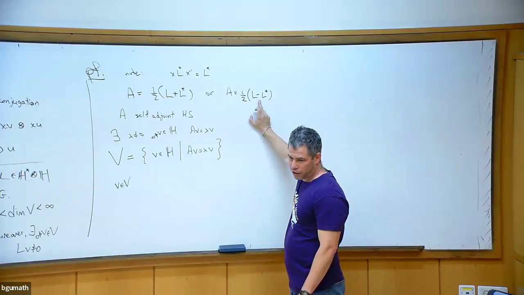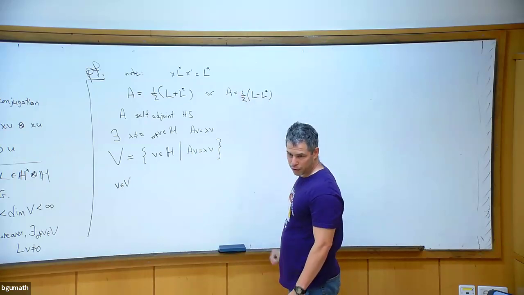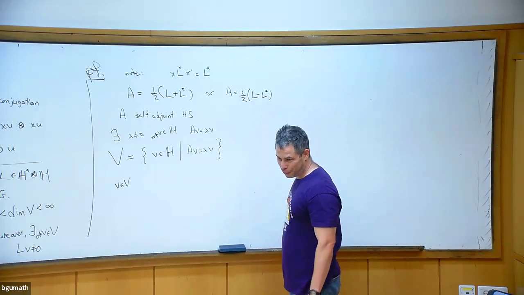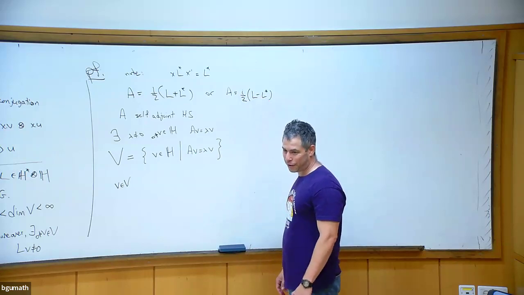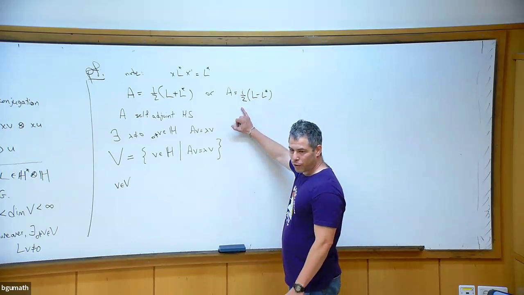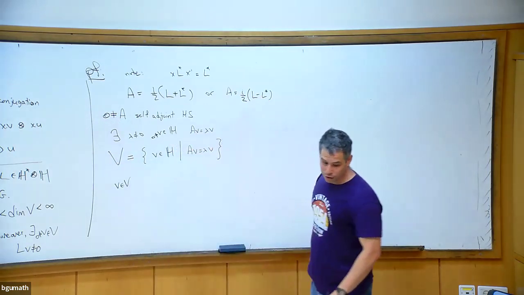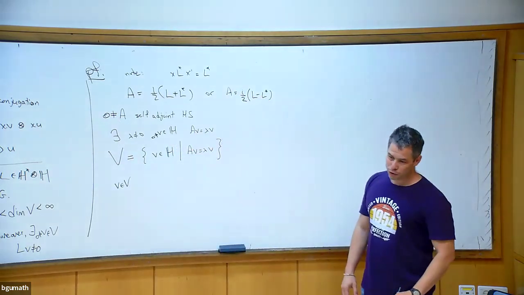Because when I star this, then the i becomes a minus i, and this minus flips. This is exactly the decomposition of every operator. So what you're saying is, what if you have a purely imaginary one? That's correct, and the real part is 0. So then I need to take this. Okay, but one of them is going to be a non-zero self-adjoint. That's the thing, and you're completely right, and it's just wrong in the book.